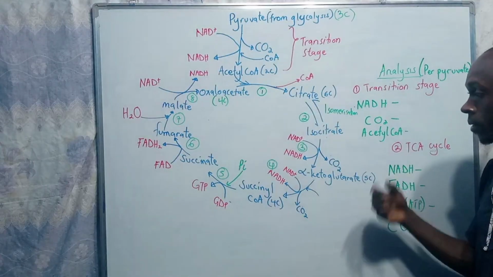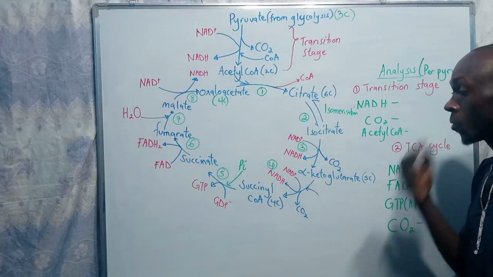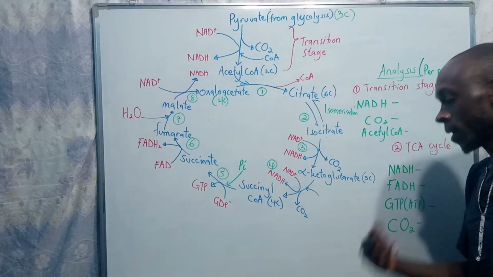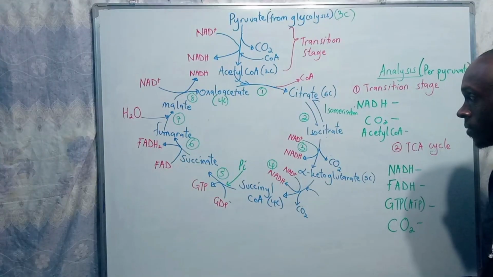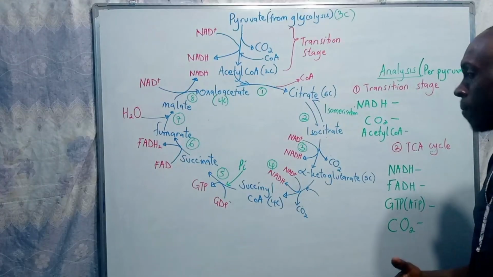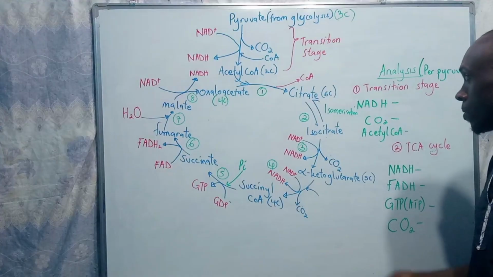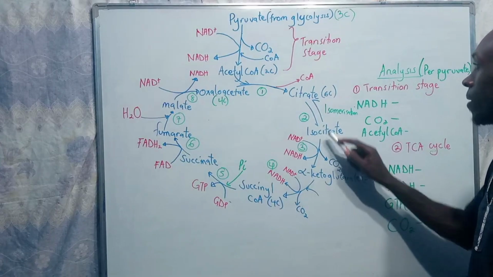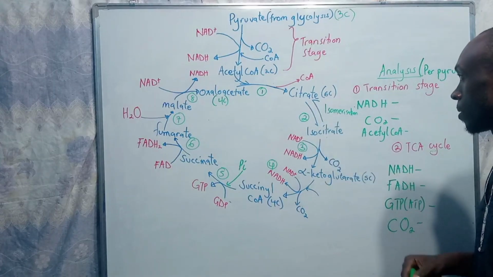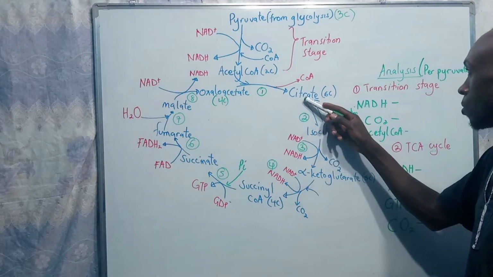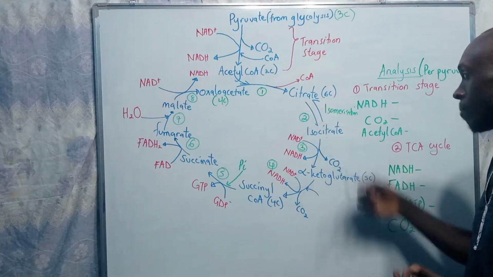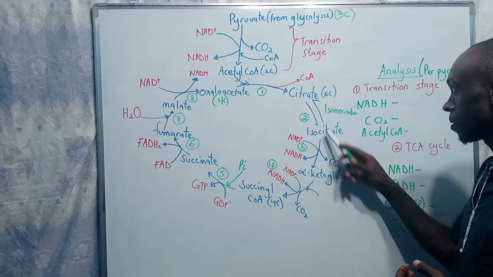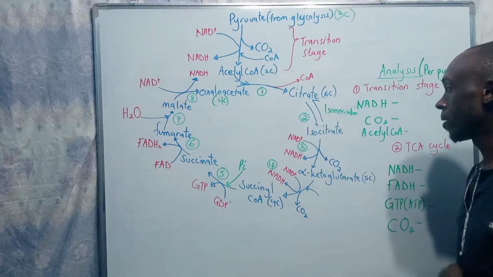Remember, the cycle needs molecules which are highly reactive. The ones which are less reactive may not be needed, because the cycle may not continue. So the purpose of the isomerization is normally to increase the instability of that molecule. So isocitrate is more unstable than the citrate.